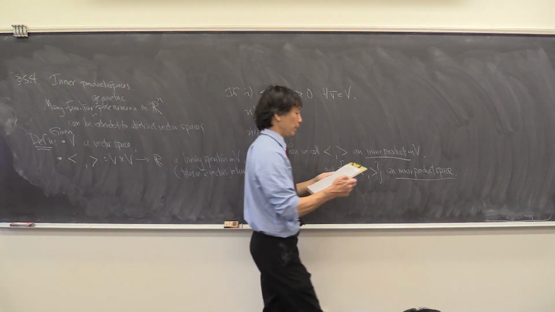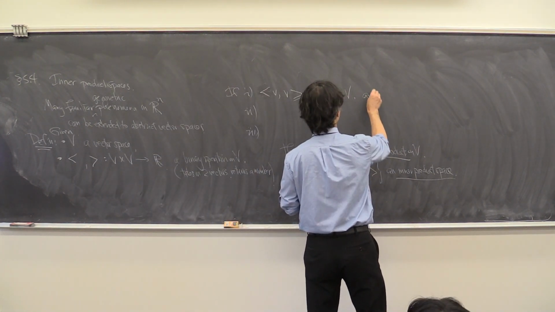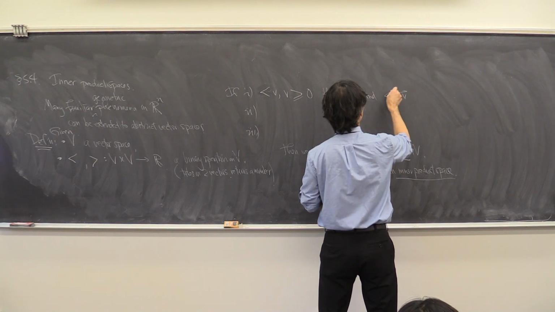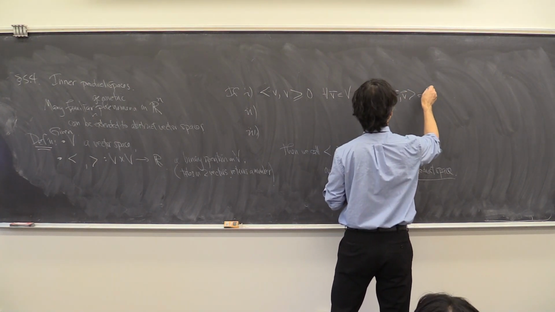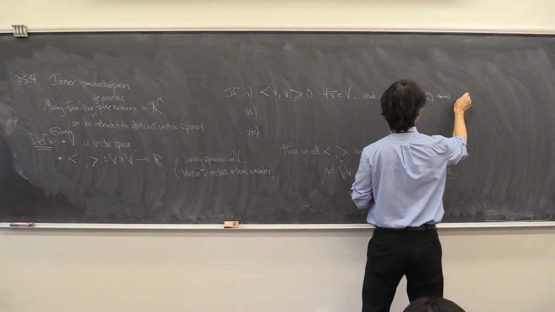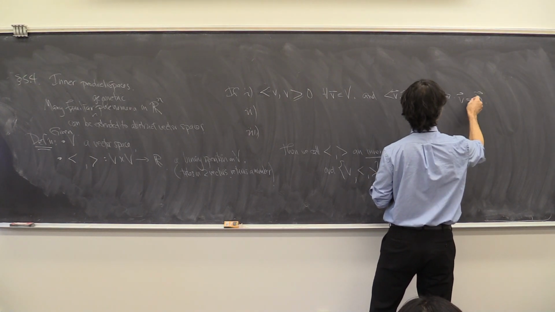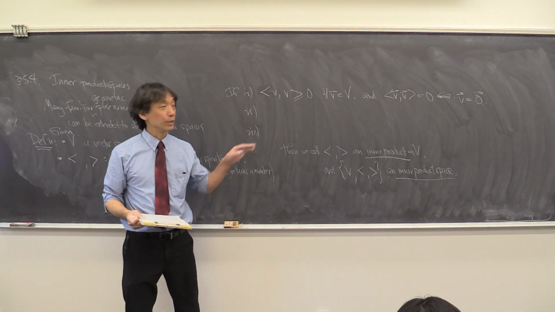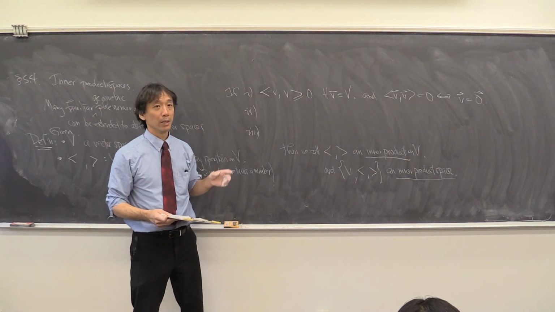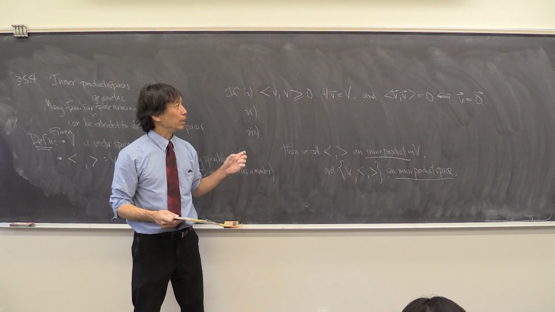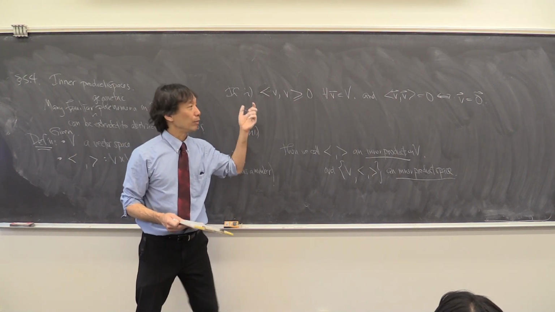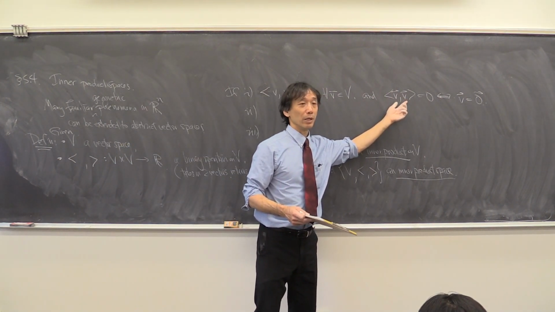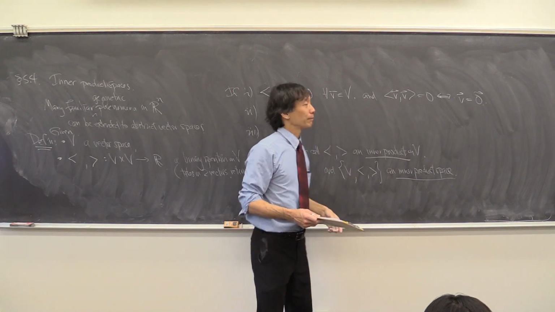Further, it should be that you get 0 if and only if V is the 0 vector. You want your inner product to have this property that the only time you get 0 when you dot against yourself is if the vector is the 0 vector.